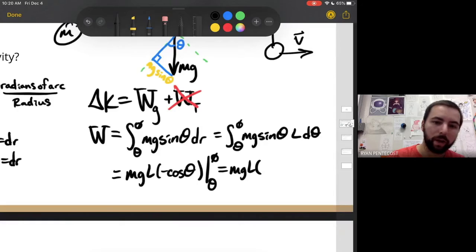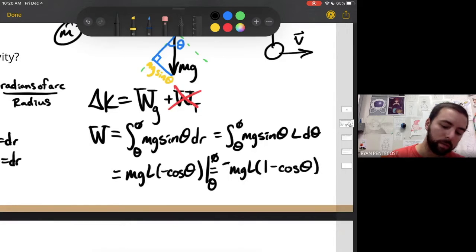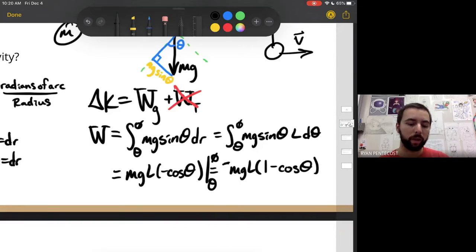Actually, let's move that negative out, so that will be a negative mgL, just to make this simpler. Negative mgL, cosine of 0 is 1, then we have cosine theta. So we have negative mgL times 1 minus cosine theta.